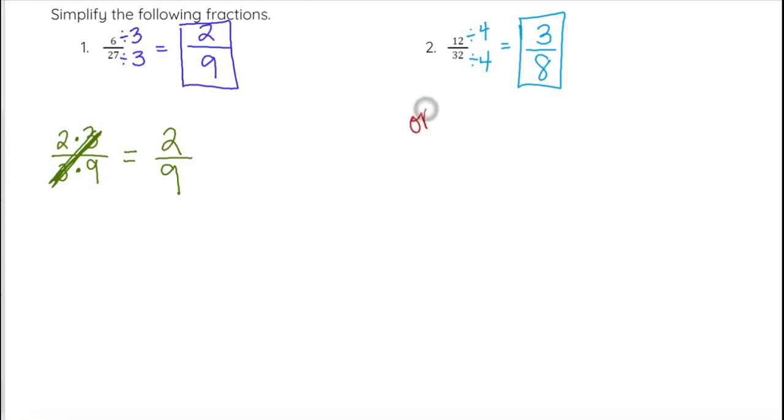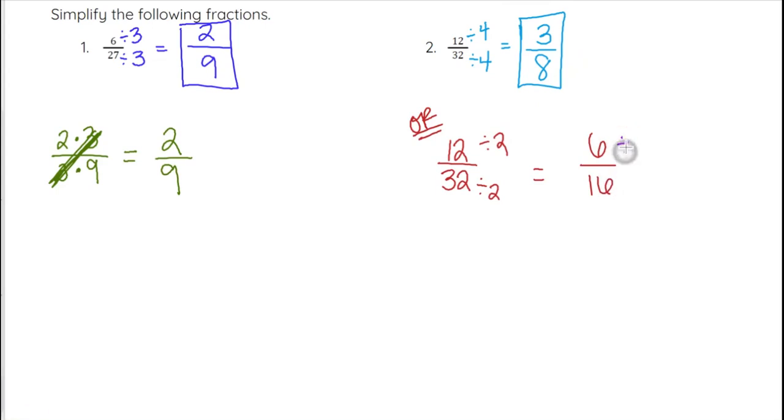Now, another option would be the same method, but a slightly different approach. So let's say you forgot about 4. You can look at this and see that these are even and go to dividing by 2. And if I divide by 2 on top and bottom, 12 divided by 2 is 6. 32 divided by 2 is 16. Now you'll notice that these are still even.